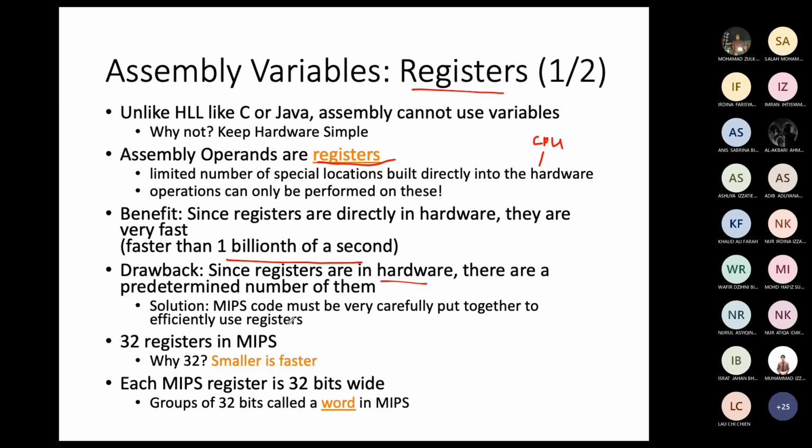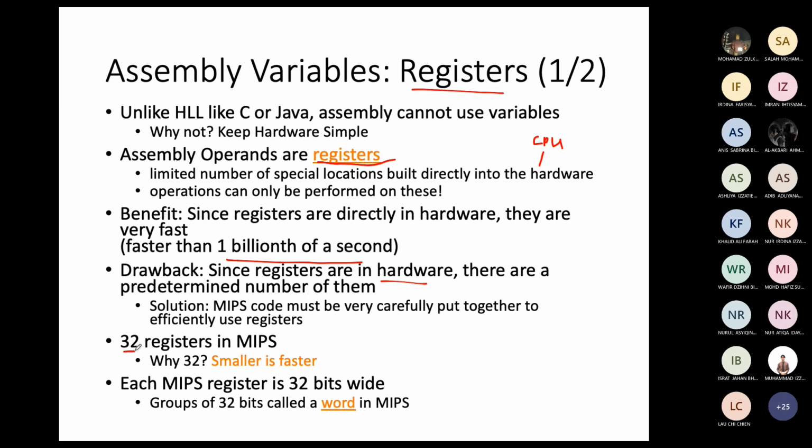So the solution is that MIPS code must be very carefully put together to efficiently use the registers. So when we write the code, we must write it very carefully to efficiently use these registers. Actually, how many registers do we have in MIPS? Only 32.